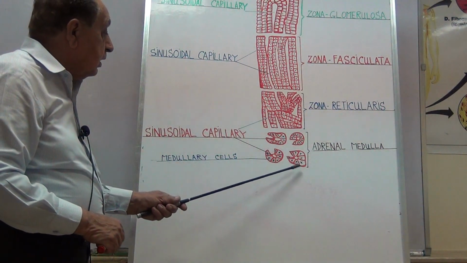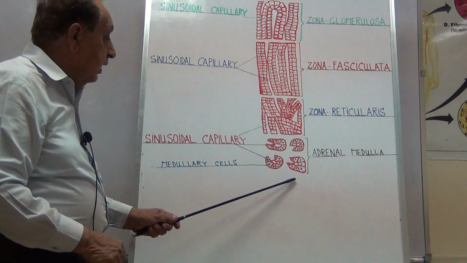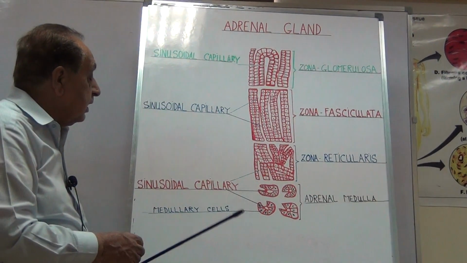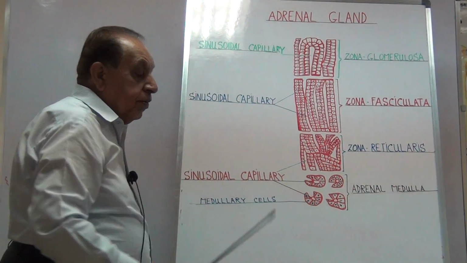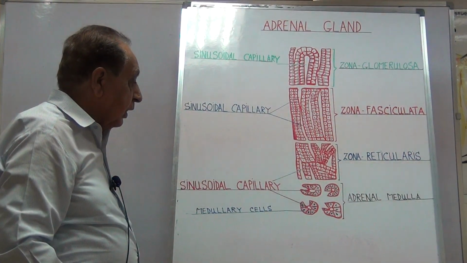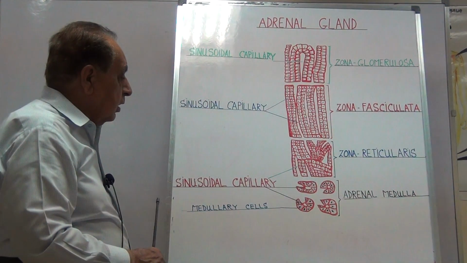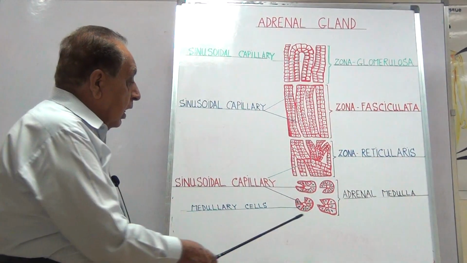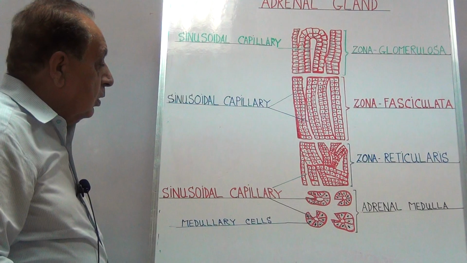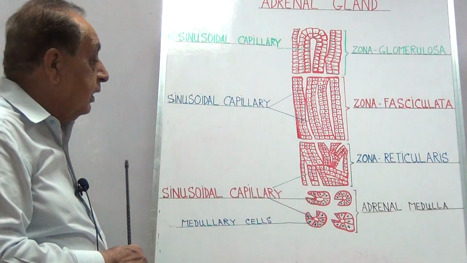These cells are called the medullary cells, and they have many granules. These granules take chrome salts and stain brown in color.